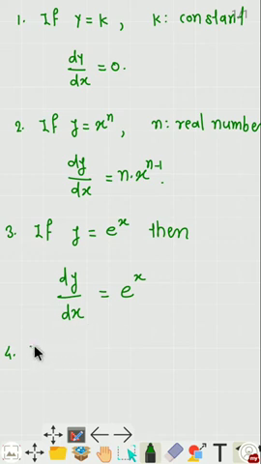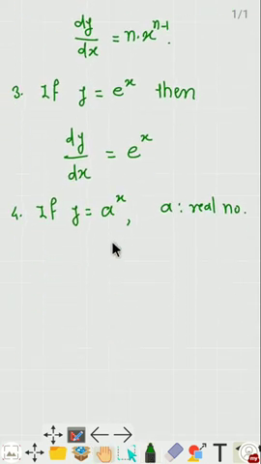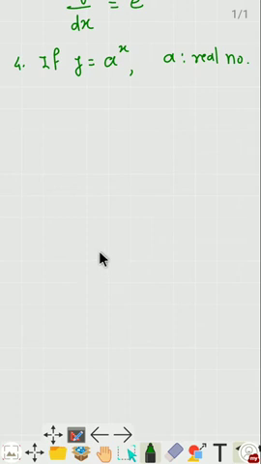if we have y is equal to a raised to the power x, where a is a fixed positive real number, then we write the derivative of this function. The derivative is dy by dx equal to a raised to the power x into log of a.